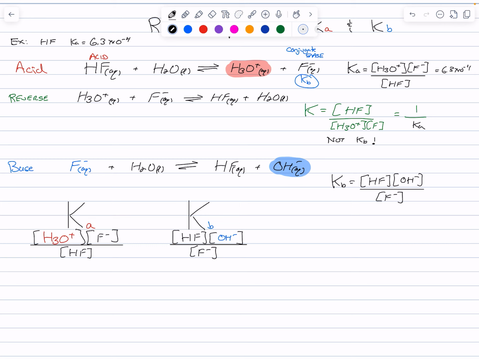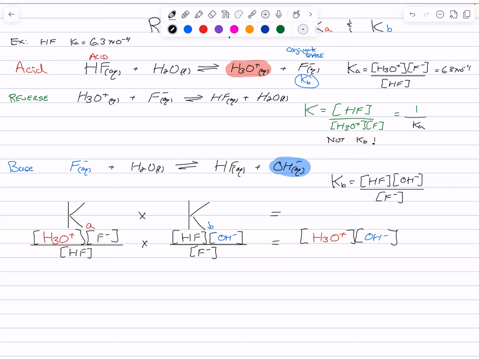And so what is the relationship between Ka and Kb? Some of you might already see. Because if we multiply them, what do we get? Well, it looks like I would get the concentration of hydronium multiplied by the concentration of hydroxide.